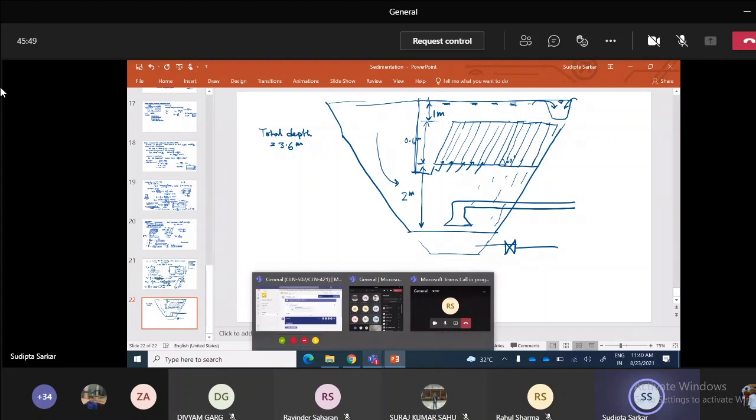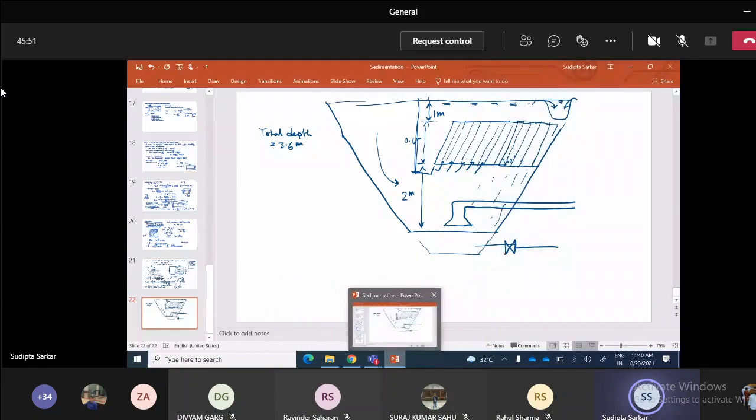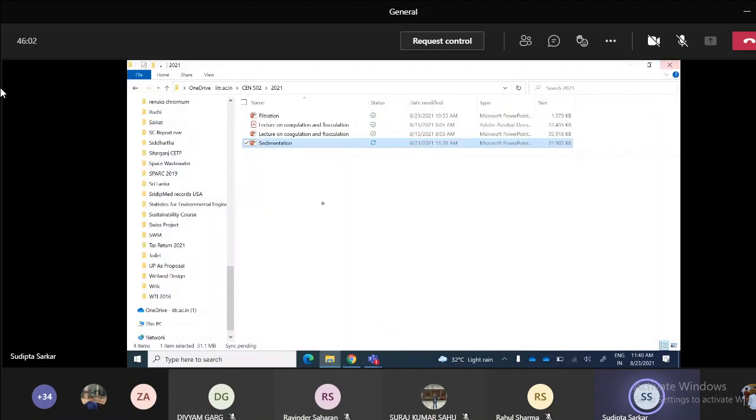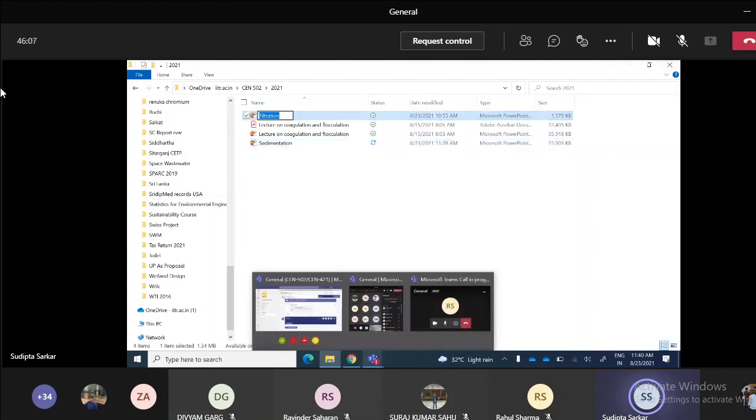Okay, so now I will just tear down this sedimentation part, and I will start with a new chapter, which is filtration. Okay, so let me start with a new chapter for filtration.